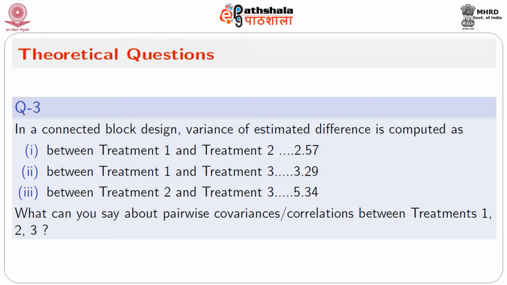Likewise, C+11 plus C+12 plus C+13 equals 0, etc. We have a lot of information, and we have to use it to compute pairwise covariances. We have to know the covariance between treatments 1 and 2, that is C+12, and whether we are in a position to compute the values of C+12, C+13 and C+23 from these expressions. So you have to try it out. Okay, sir, I will try it.